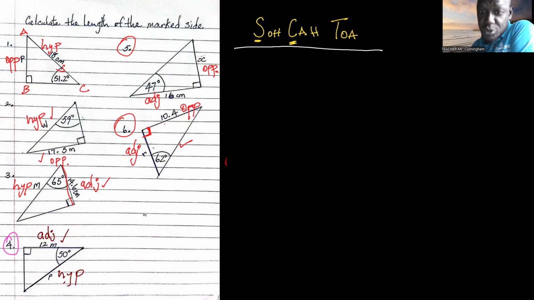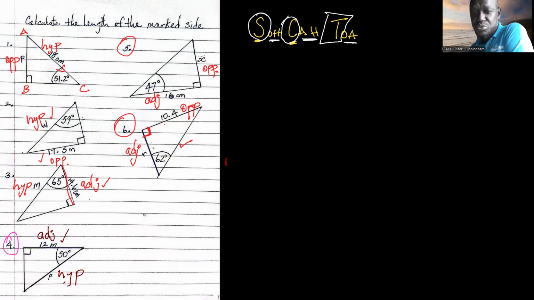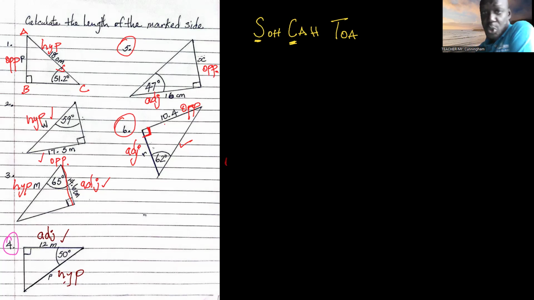Watch carefully, Keshawn. Sine is opposite over hypotenuse. Cosine, adjacent over hypotenuse. Tan, opposite over adjacent. Which rule has opposite and adjacent? O and A.